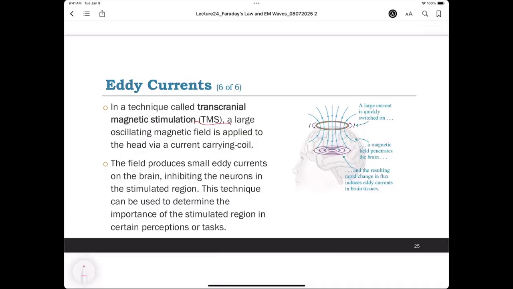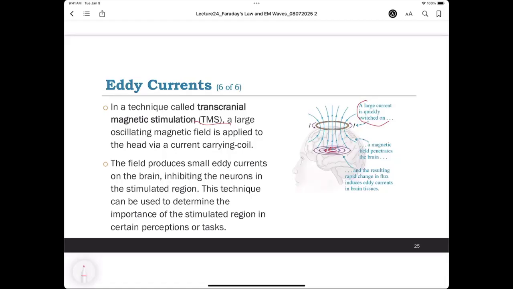You can see a large current is quickly switched on. The field produces small eddy currents in the brain, inhibiting the neurons in the stimulated region. This technique can be used to determine the importance of the stimulated region in certain perceptions or tasks.